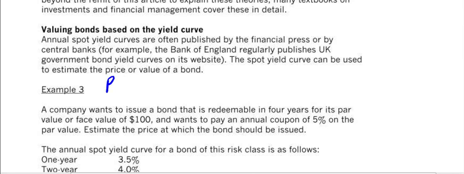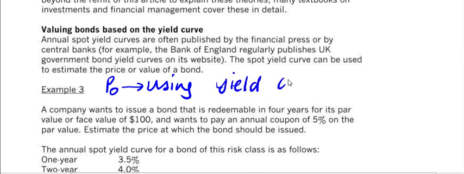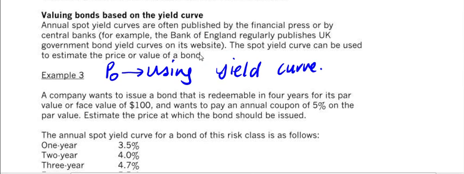We're going to determine the price using, instead of one yield, 3 or 4 different yields, one for each year. I will try to interrelate the each-year yields and the one yield to maturity in a while, using the yield curve. Price using a yield curve.